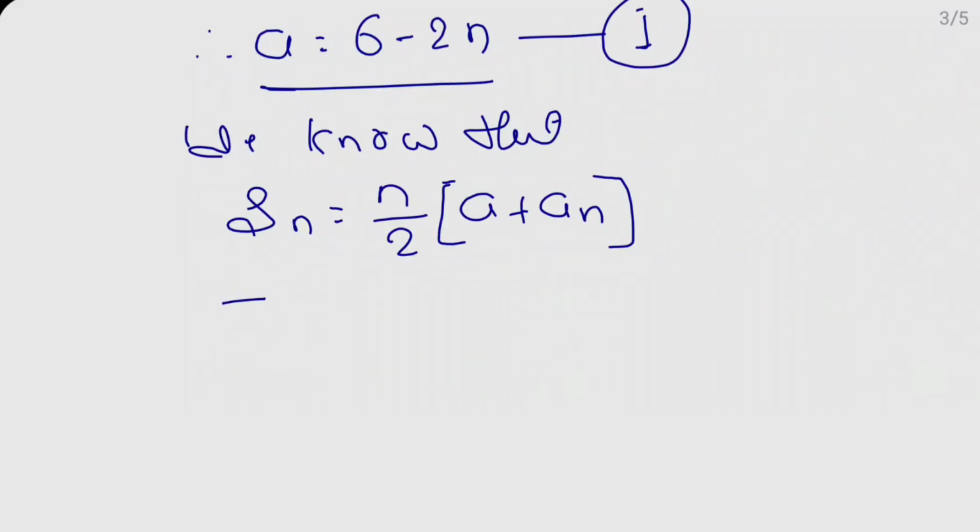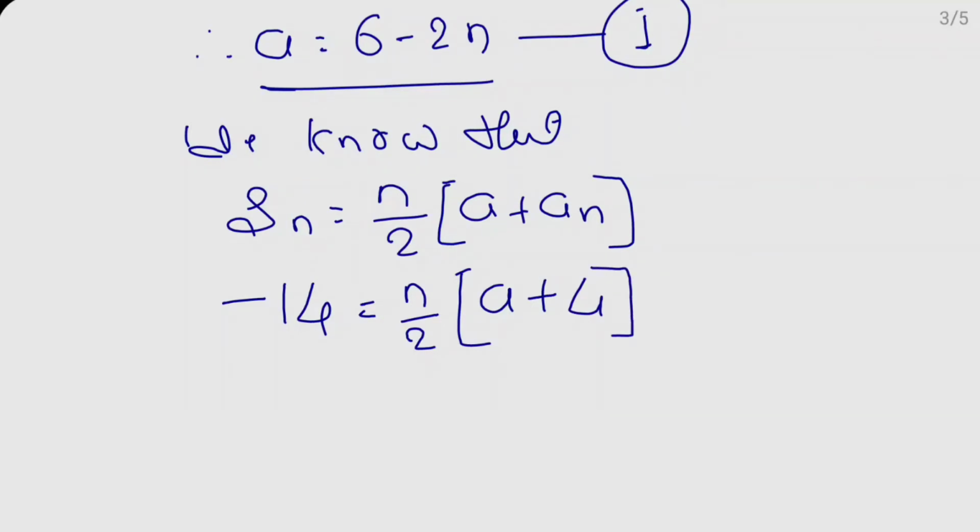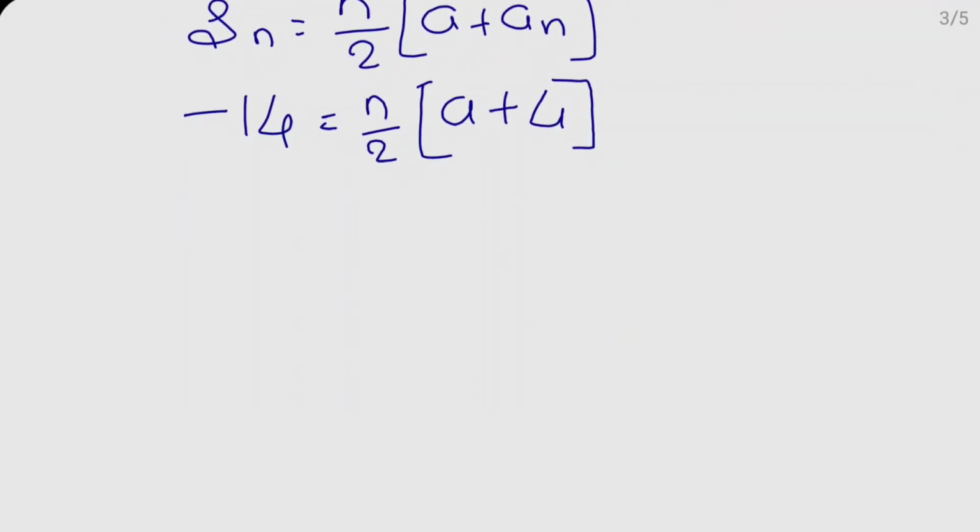So Sn they given minus 14, and this equal to n we don't know, keep as it is, n by 2 plus a, first term also we don't know, we have to find out that one, so keep as it is, and an they given, that is 4. Is it clear? So now minus 14 as it is, and this 2 comes in a LHS side, it becomes a multiplication, and this equal to n in a bracket a plus 4, right?